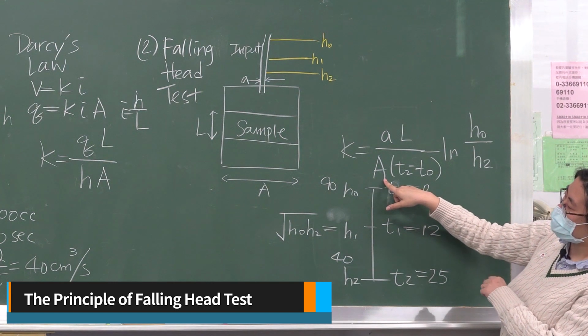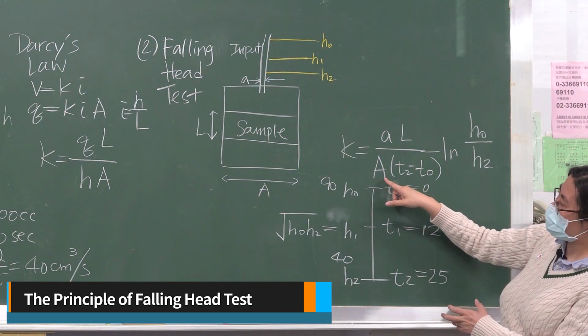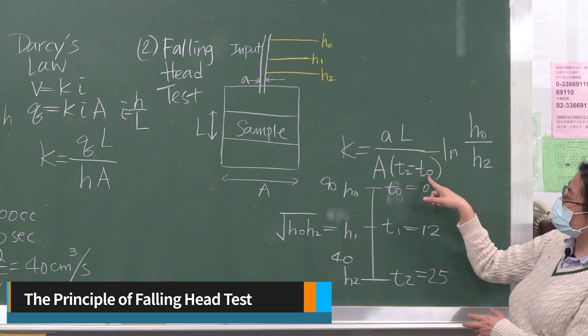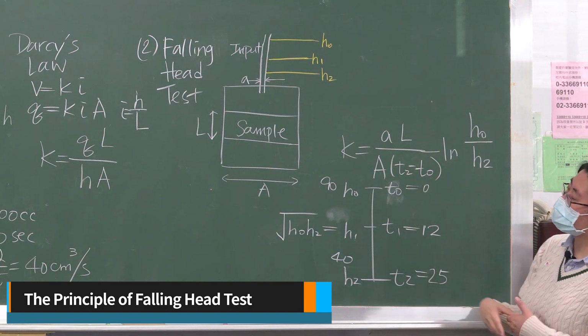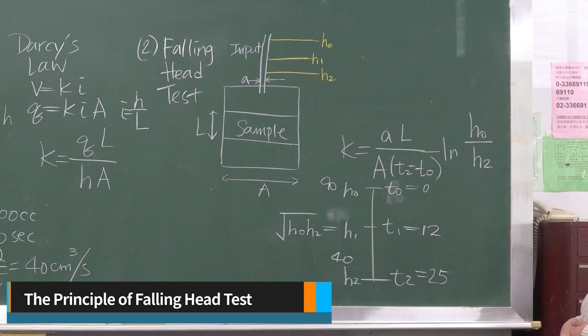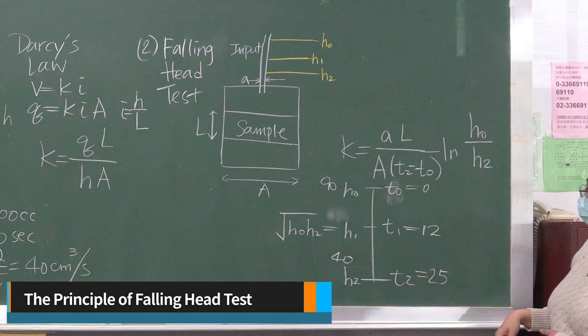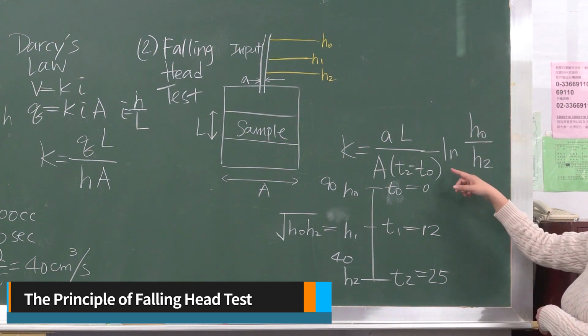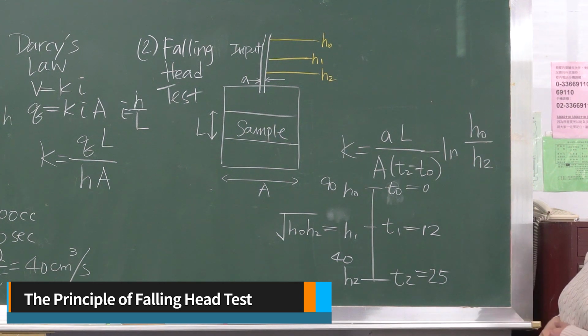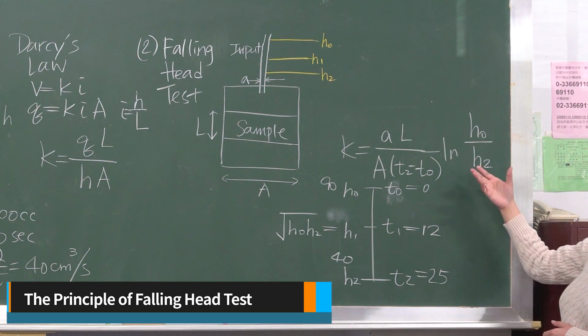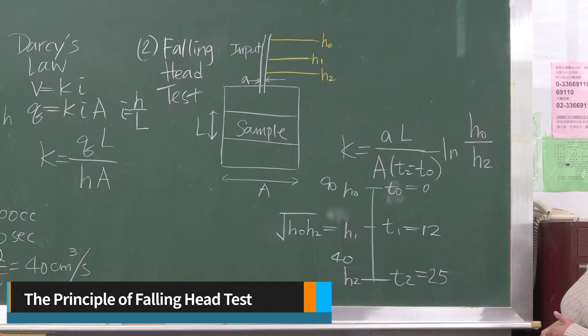Capital A is the cross-sectional area of the sample. T2 minus T0 is the time difference for the head to fall from H0 to H2, multiplied by the natural log of the ratio of H0 and H2. Again, you can look at the derivation in your textbook.